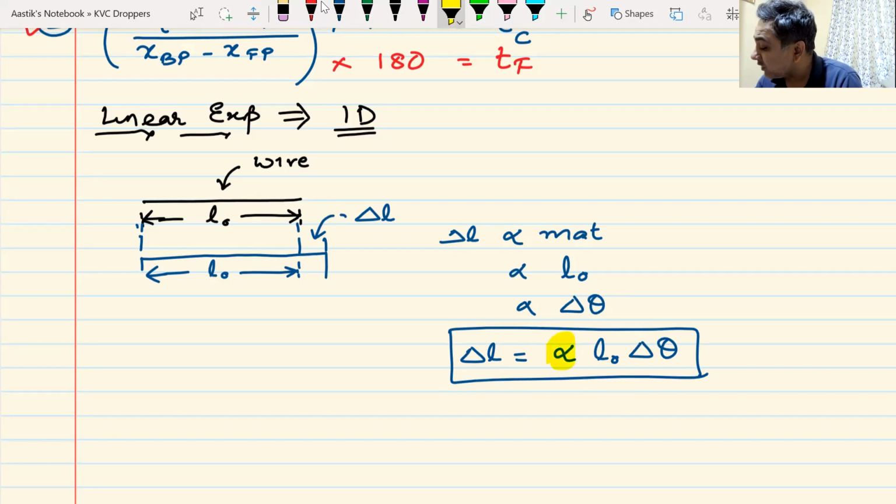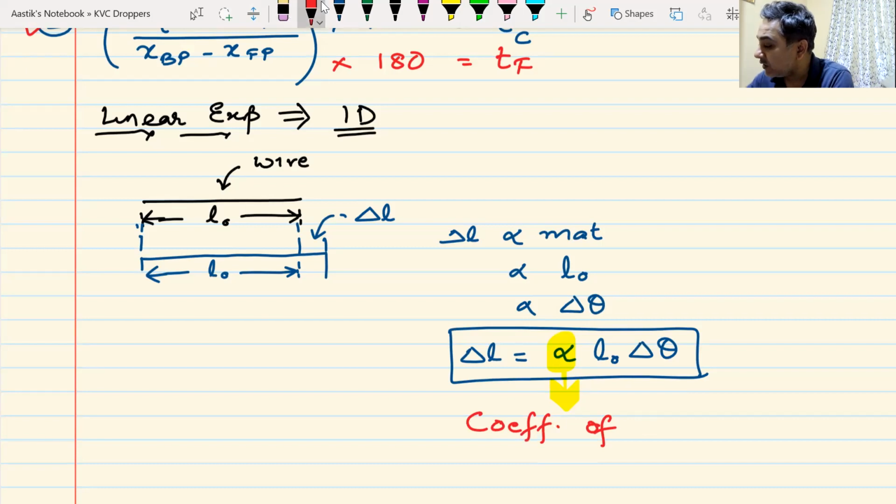This alpha is a constant which depends on what type of material, what type of body we have. This constant is known as the coefficient of linear expansion.